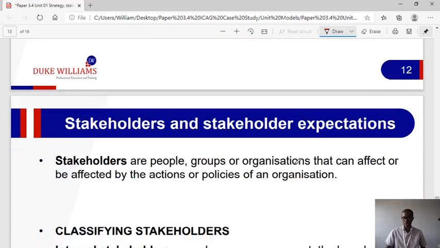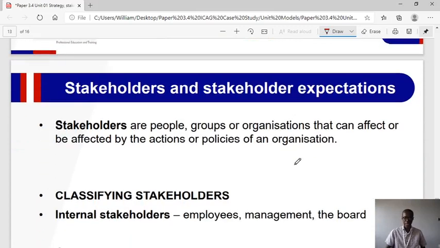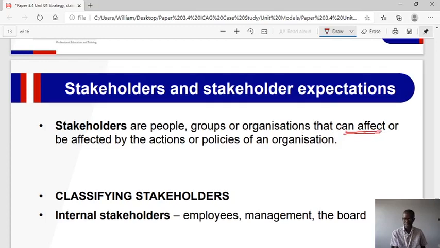Having done the strategic management framework, I mentioned earlier that a strategy is also looking at how it affects stakeholders. And so stakeholders and stakeholder expectations starts by looking at what we mean by stakeholders, as I defined earlier, that stakeholders are people or groups or organizations that can affect, or they can be affected by our action.